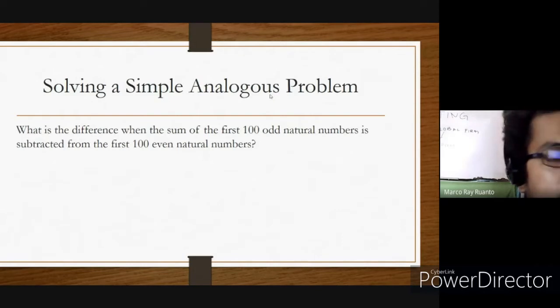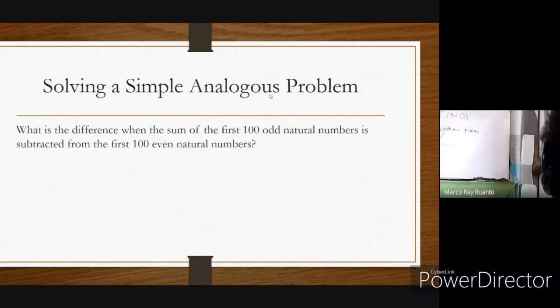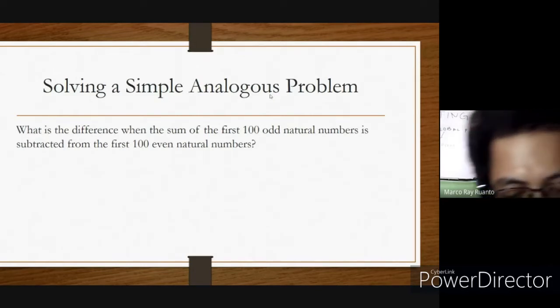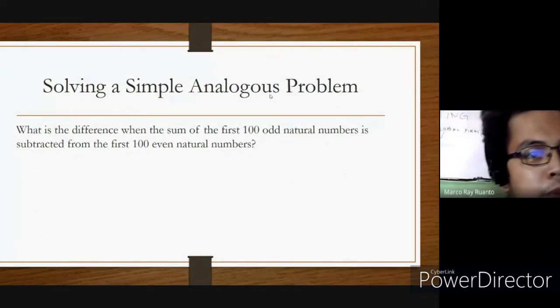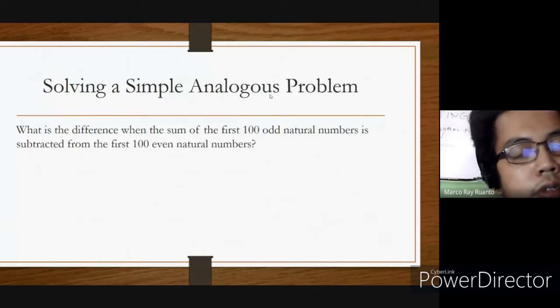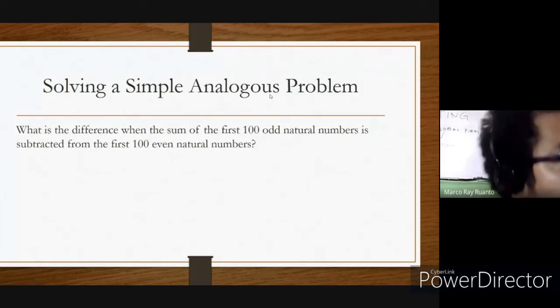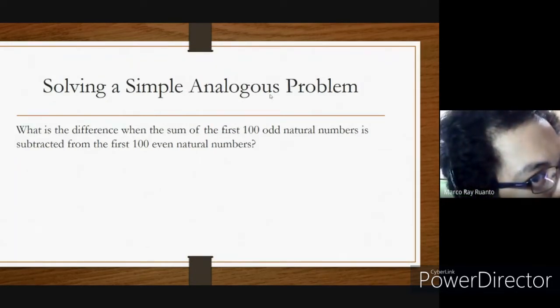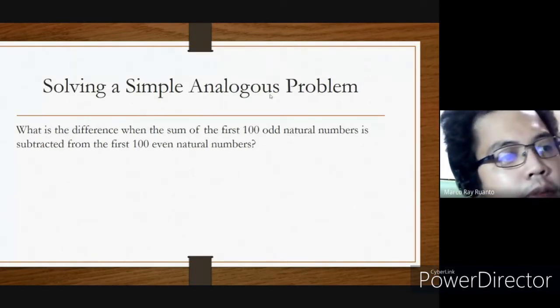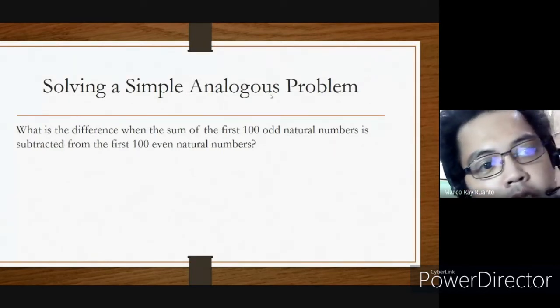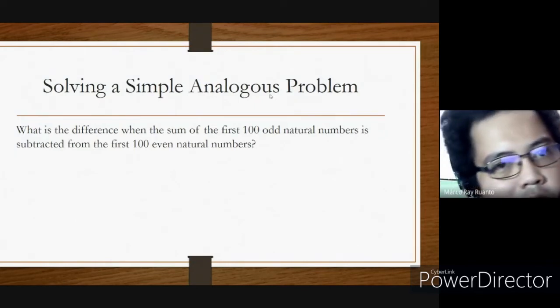And from those smaller parts, we try to generalize. So that's how solving a simple analogous problem works. Let us try to apply this strategy in solving this given problem. What is the difference when the sum of the first 100 odd numbers is subtracted from the sum of the first 100 even numbers?